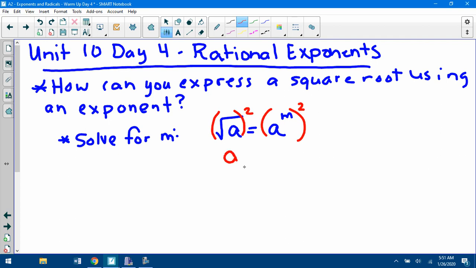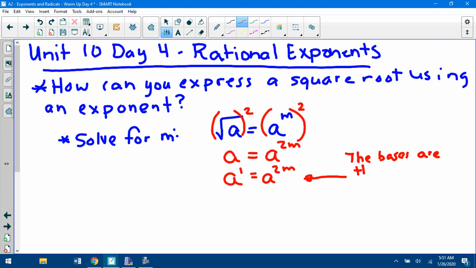Then I would have a equals a to the, when you square, what do you do with the exponents? We know this. Multiply them. So that's 2m. Well, that's really a to the first equals a to the 2m. This is something we haven't talked about yet this year: if the bases are the same, by base I mean a in this case, then the exponents must be equal.